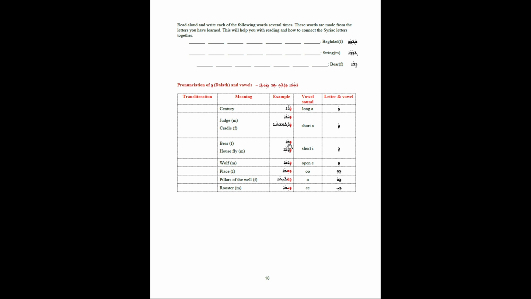Dibba, Beth has no dot underneath it, so the sound is b. Here with didwa, Beth has a dot underneath it, the sound of waw. And Dalath has a dot too, to make it th, didhwa.